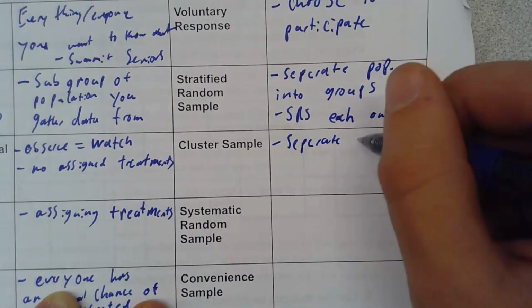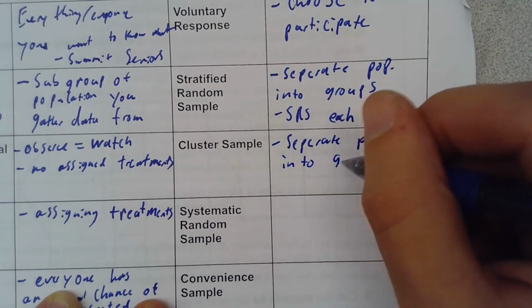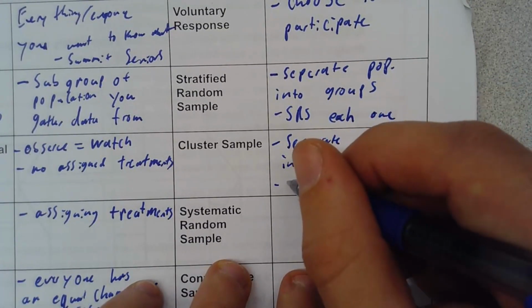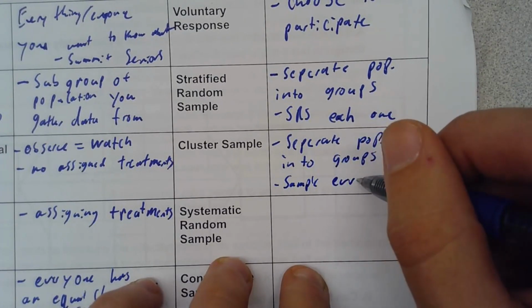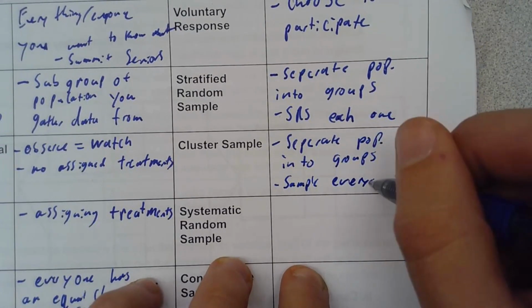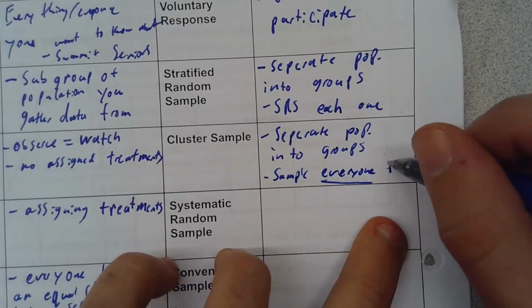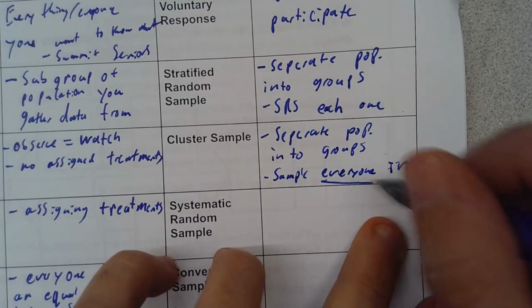Cluster sample means separate the population into groups, and you sample everyone in some of them, in a few groups.